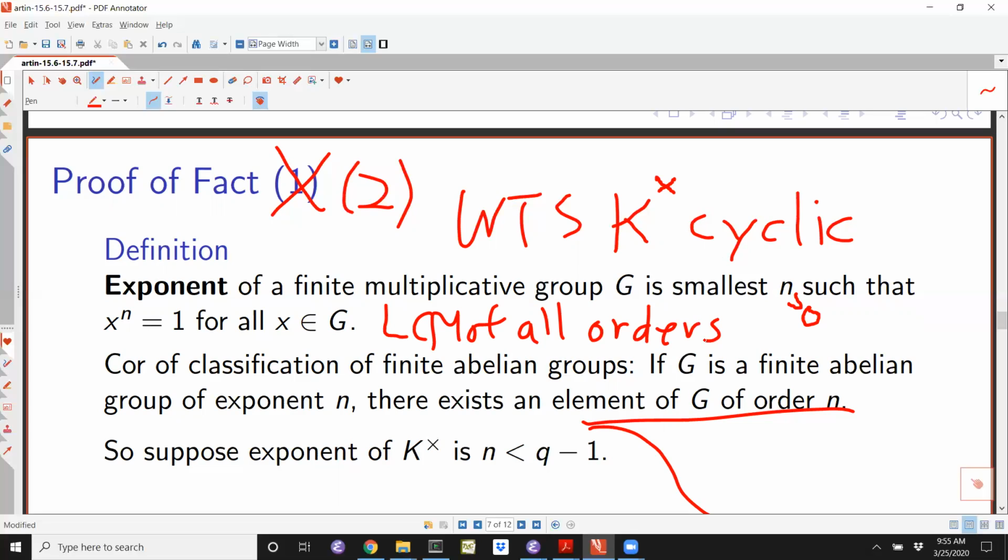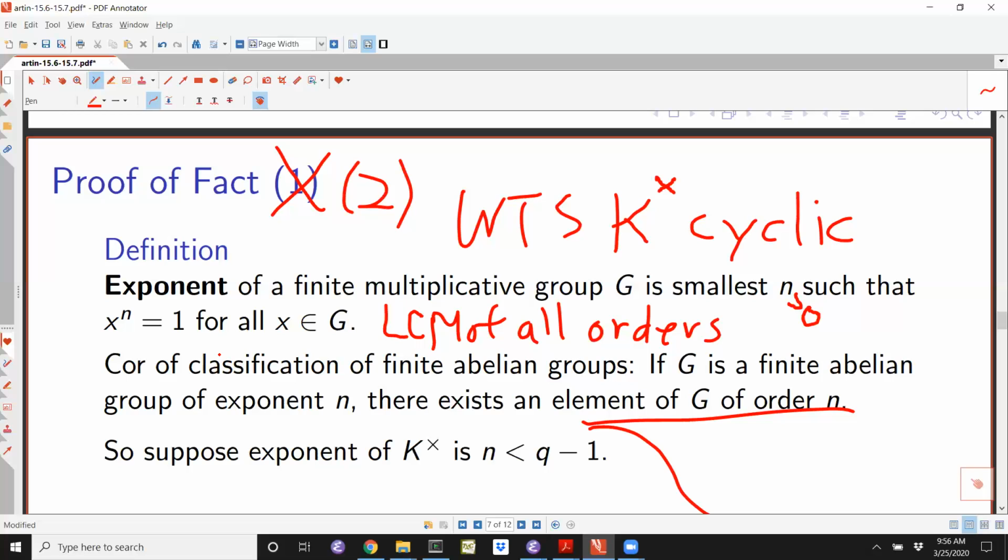So it's the least common multiple of all orders of elements in G. In general, if you have a group of exponent 60, there's not necessarily going to be an element of order 60 in that group.